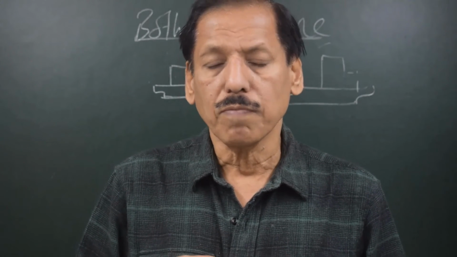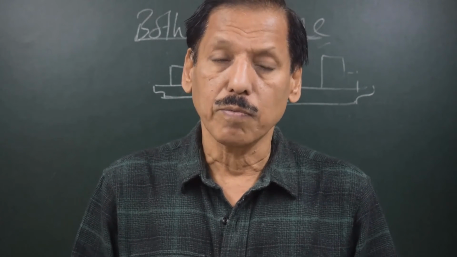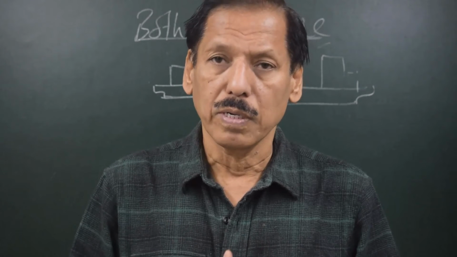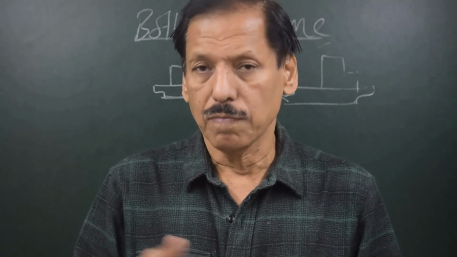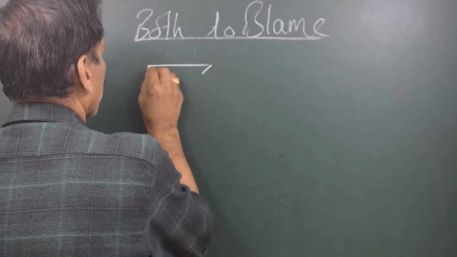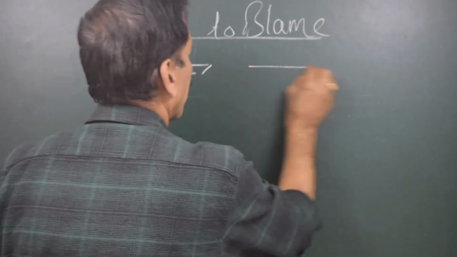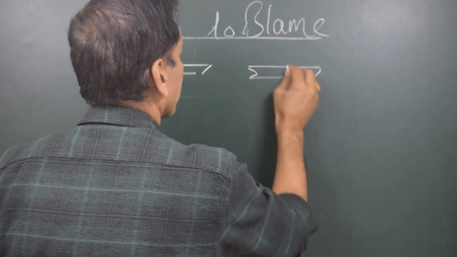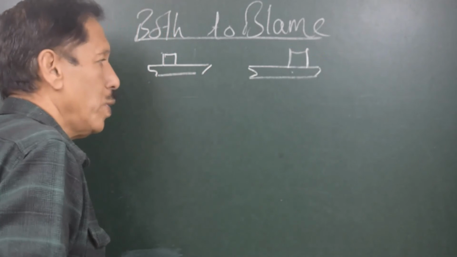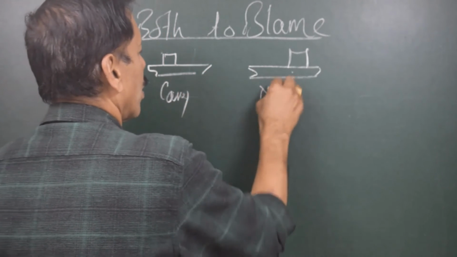This foregoing provision will also apply in case there are other ships or objects whose owners are involved, they are at fault in respect of this collision. This means if the two ships come in collision with each other, this is say carrying ship, this is non-carrying ship.